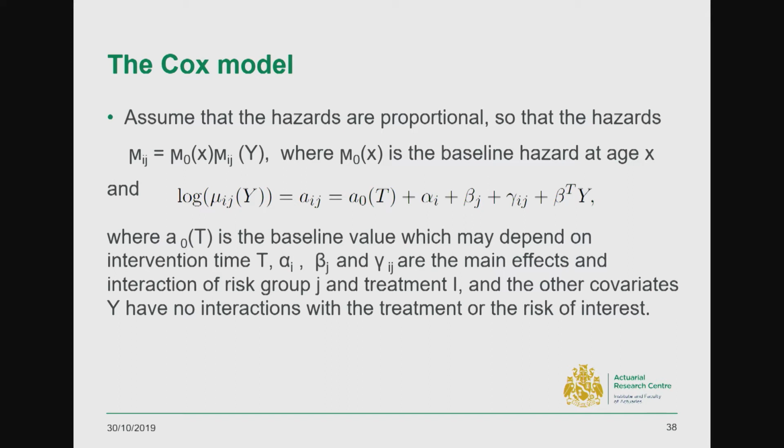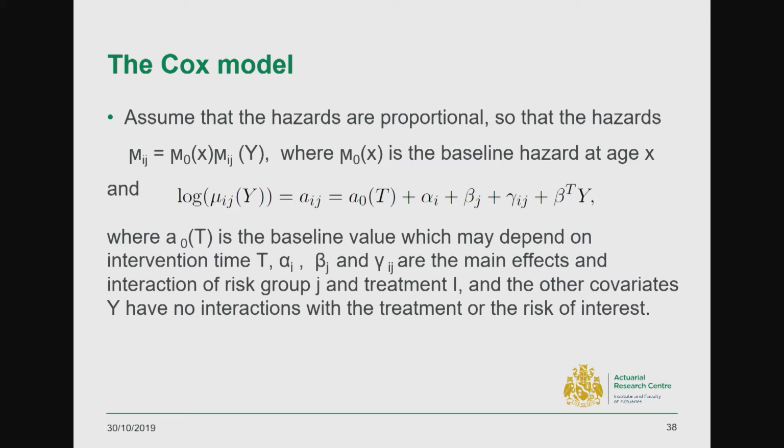It will be some constant, A0, which may depend on the age I'm looking at. Then it will be the effect of my treatment, alpha_i. It will be the effect of my risk group, beta_j. It may be an interaction between the two if, say, our treatment affects different risk groups in different ways. And it will be some other covariates which we will be adjusting for and which are denoted there by y.